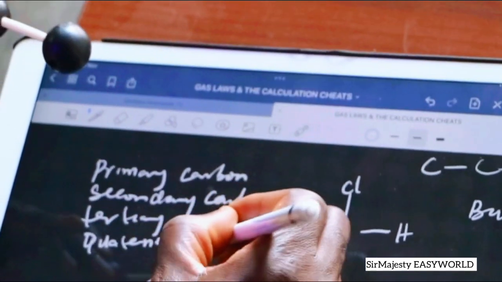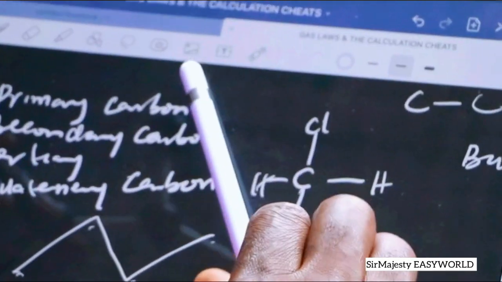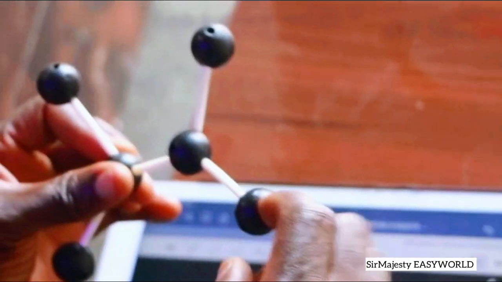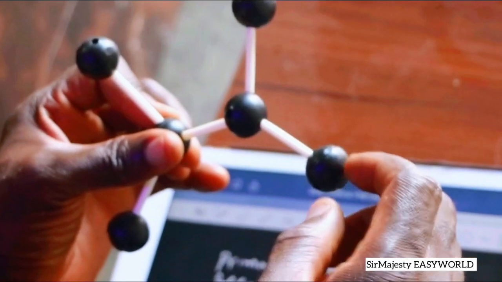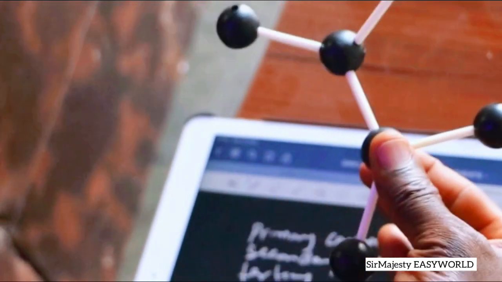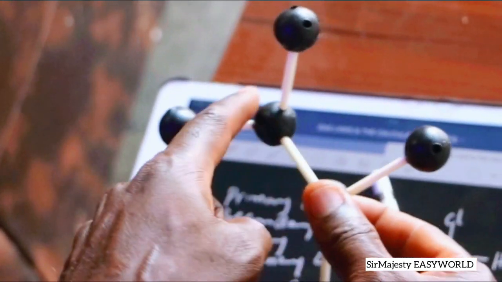Watch. Primary carbon is carbon that is attached only to one carbon. Watch this. This carbon is primary. Why? Because it's only attached directly to one carbon. But this carbon here I'm holding is tertiary because it's attached to 1, 2, 3 carbons.